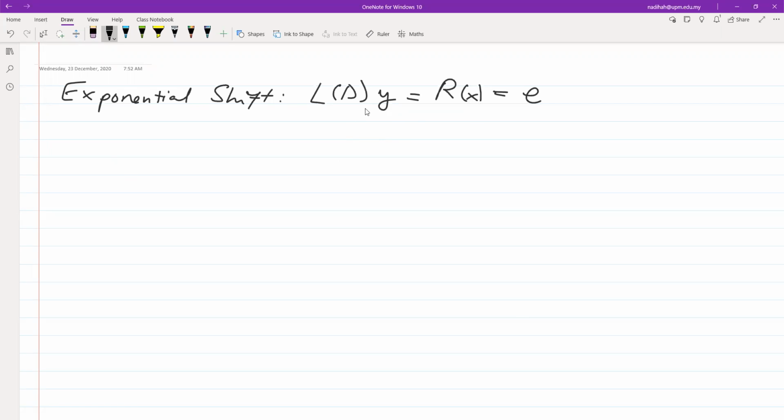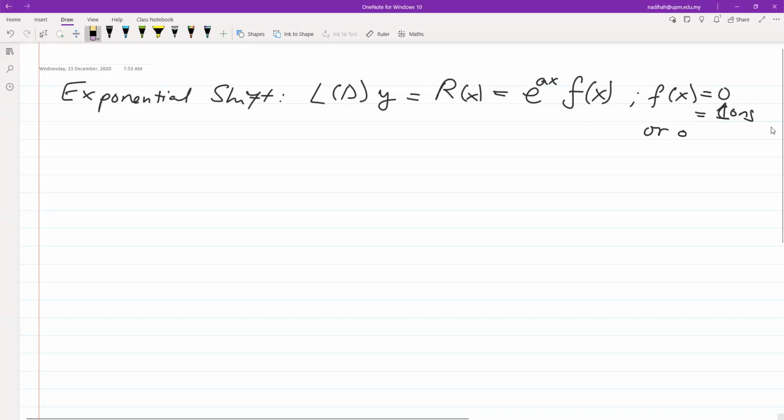Okay, if the right hand side equals exponential e to the x times any f(x), any function of f(x). f(x) can be 0, can be 1, I mean a constant, 1 meaning constant.